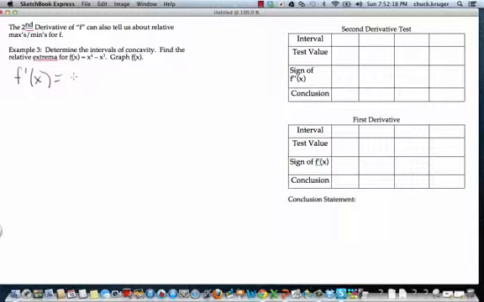I'm going to take the first derivative and get 4x cubed minus 3x squared. I'm going to make that equal to 0, and I'm going to factor out an x squared. And I get 4x minus 3.